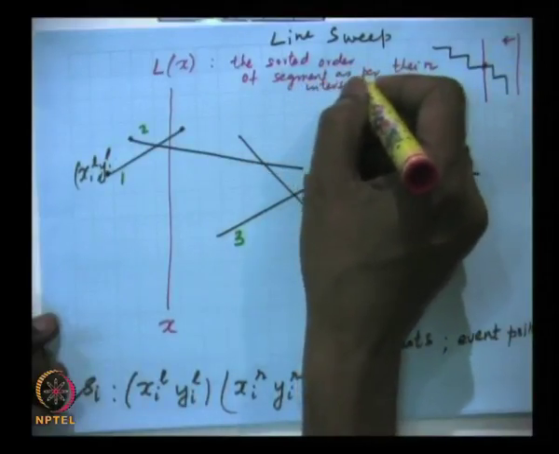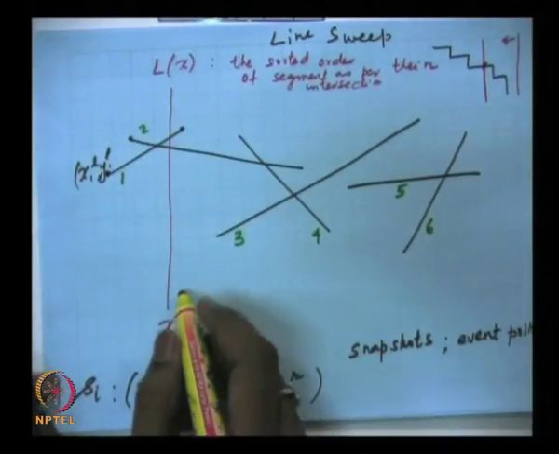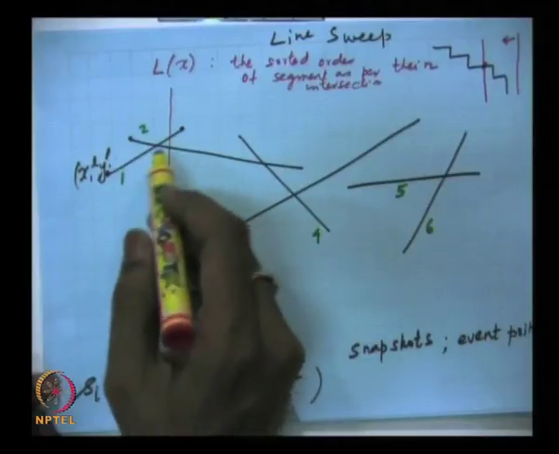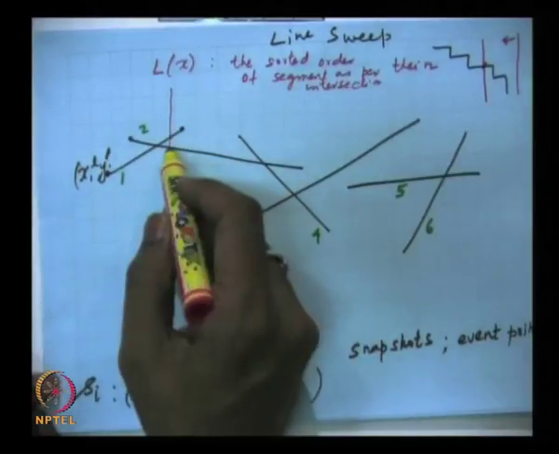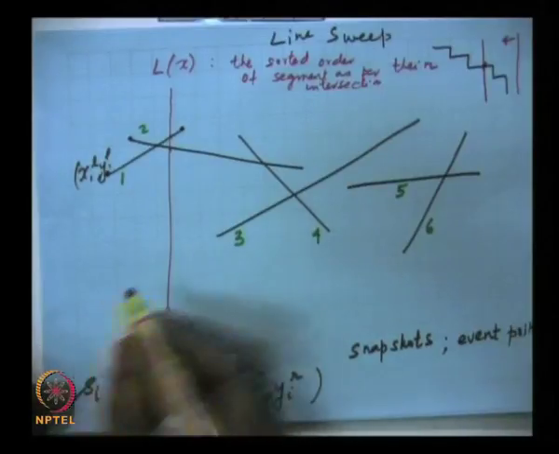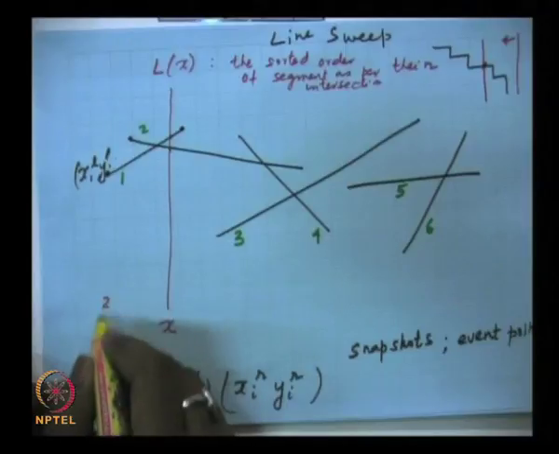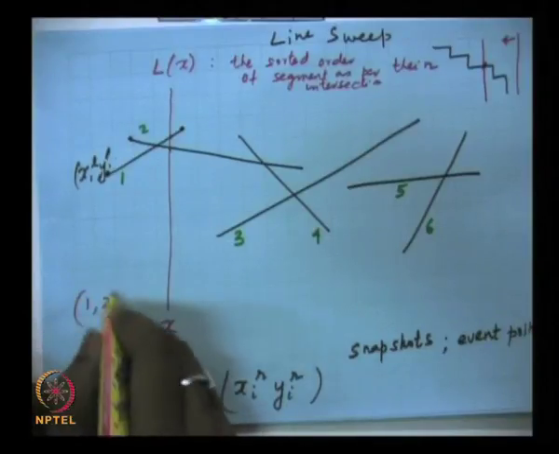At this point, it first intersects 1 and then it intersects 2. Let us say from top to bottom I keep it ordered; whether it's top to bottom or bottom to top doesn't really matter, but just follow one convention. So here L of x is going to be 1, 2.